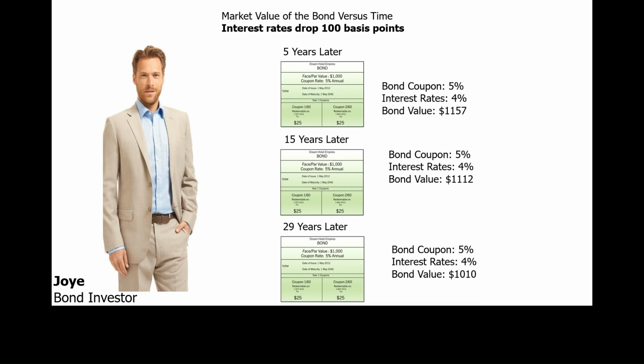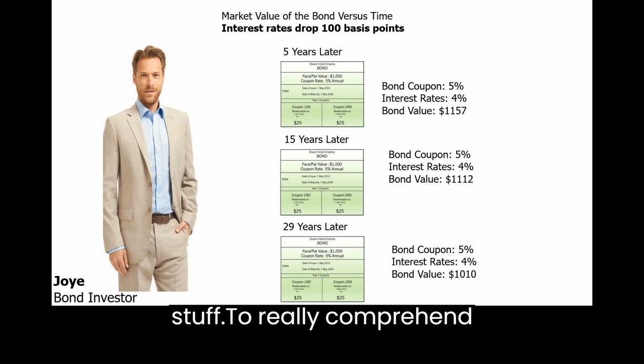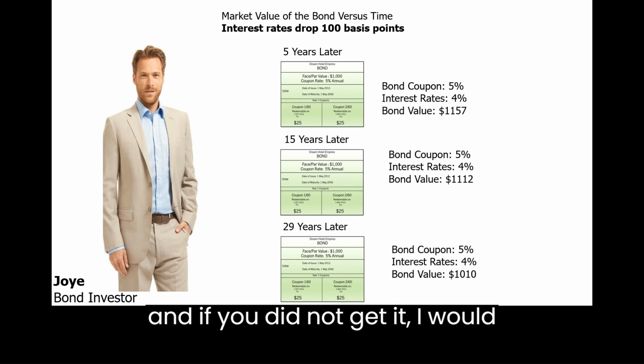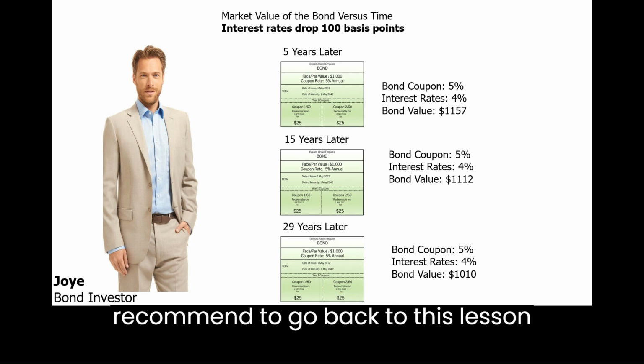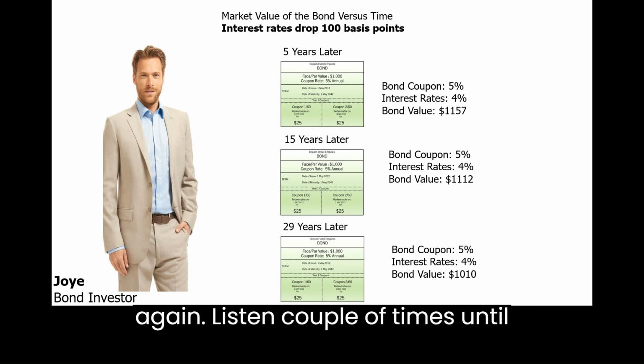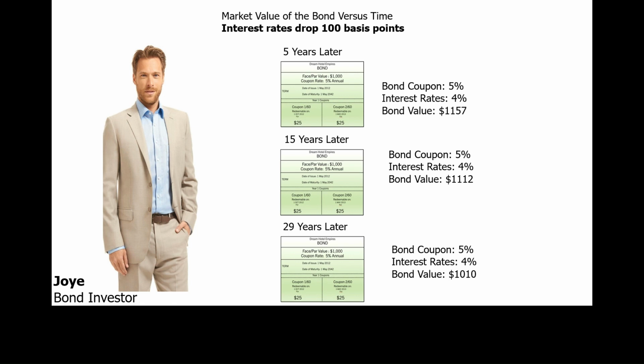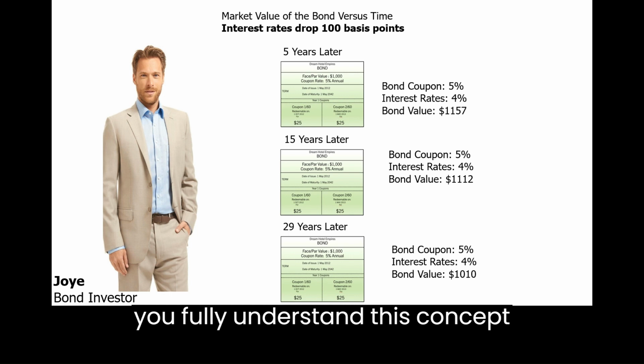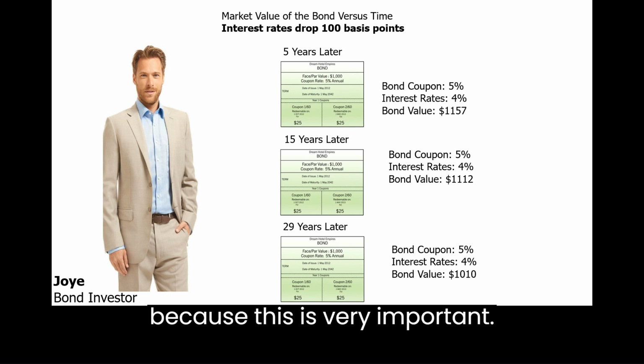That's important stuff to really comprehend. If you did not get it, I would recommend going back to this lesson again, listening a couple of times until you fully understand this concept, because this is very important.